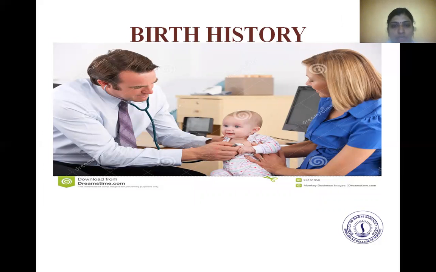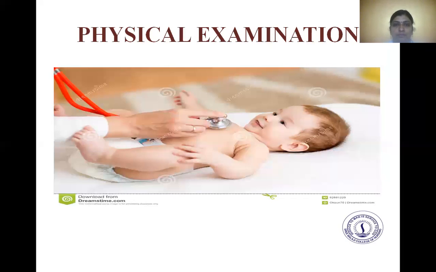In the birth history, the main thing is the Apgar score. The Apgar score of the baby should be asked, along with the birth weight, and whether the baby is a full-term or preterm baby. Everything should be asked. Coming to the physical examination, a head-to-toe assessment should be done first.